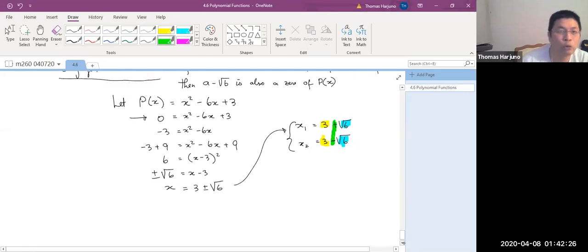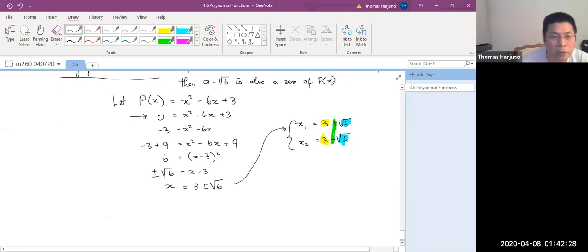That's the intuition. Now, suppose for example I tell you that radical 3 and 2i are zeros of a polynomial P(x).